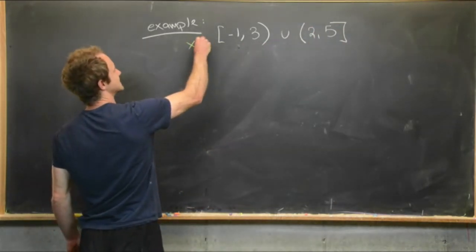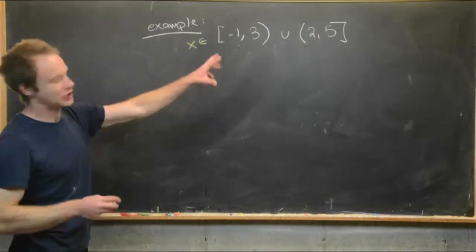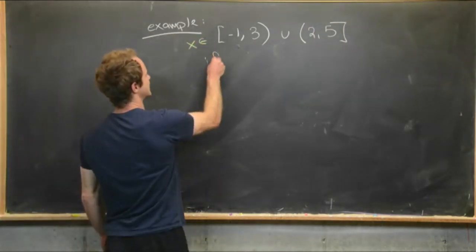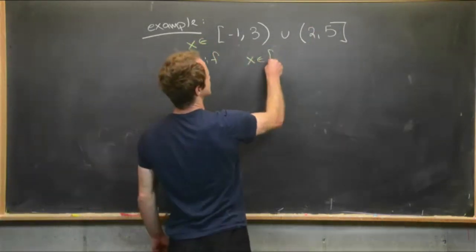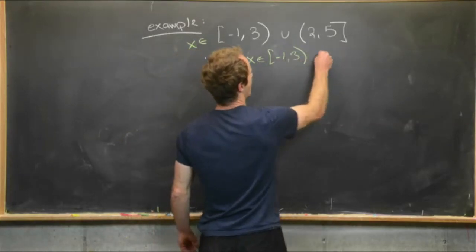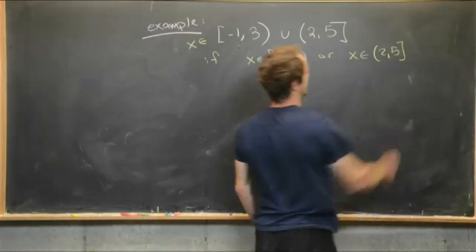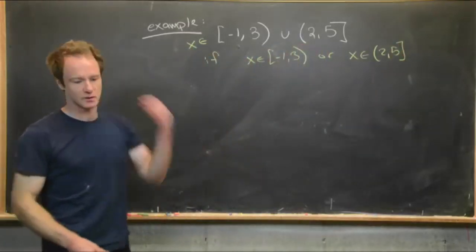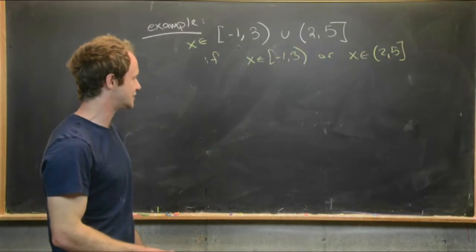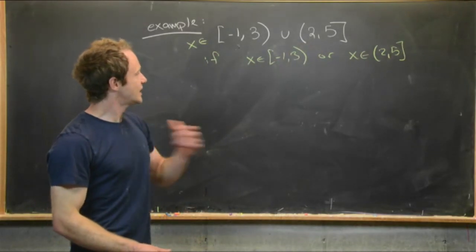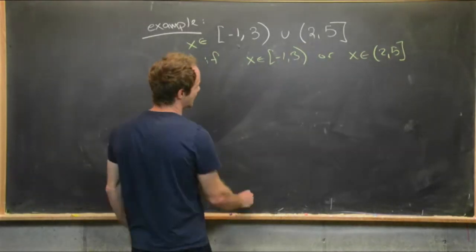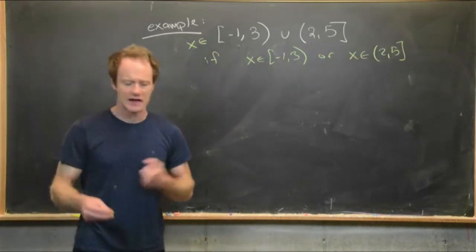So we could say that x is inside of that union if x is inside of -1 to 3 or x is inside of 2 to 5, including the endpoints or not depending on our notation. And we could turn these intervals into inequalities.